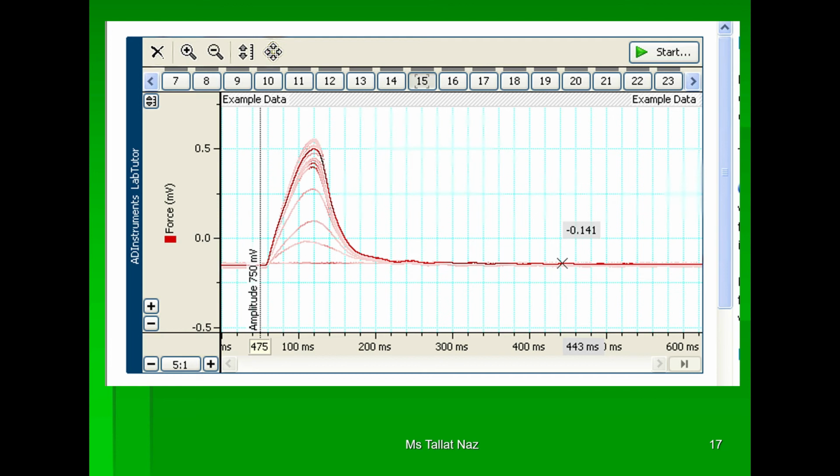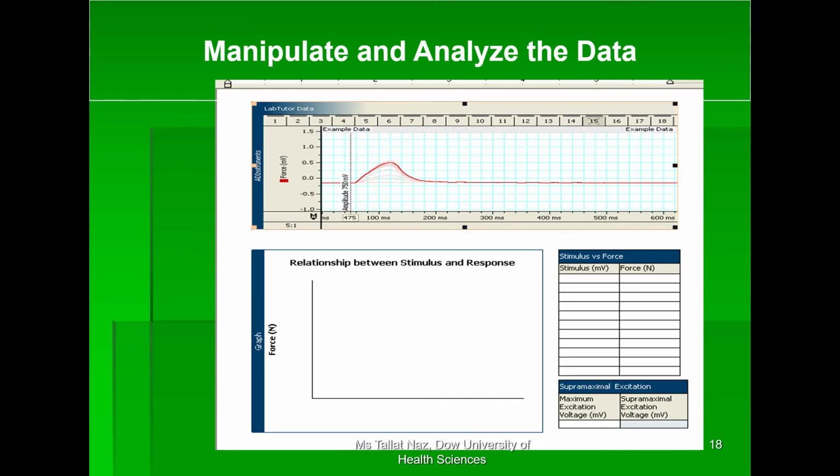So for some experiments of the skeletal muscle, we have this type of recording that we can do, and this is very important for the first year MBBS students, because all these experiments are included in the locomotor experiments. And here you can see, this picture is showing you manipulate and analyze the data.